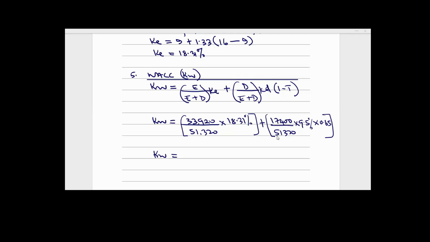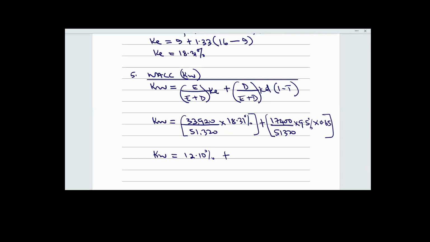In any case, 33,920 divided by 51,320, multiplied by 18.31 equals 12.10%.